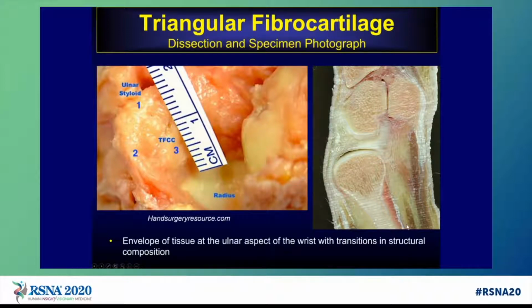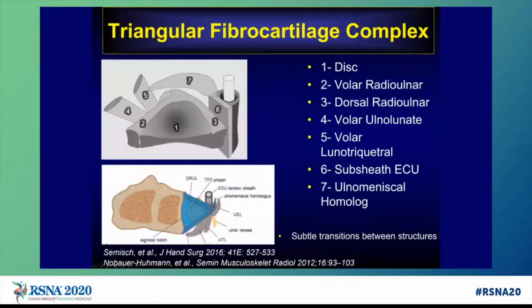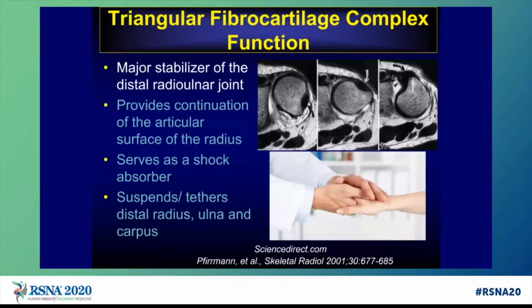On this sagittal specimen photograph, we see something similar with the triangular fibrocartilage blending to adjacent tissues. These diagrams show the complexity again of the triangular fibrocartilage and all of the supporting tissues, really subtle transitions that occur between these structures that are perceived by the radiologist and by the orthopedic surgeon.